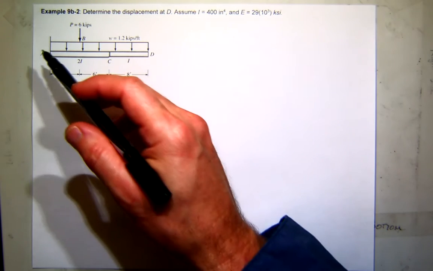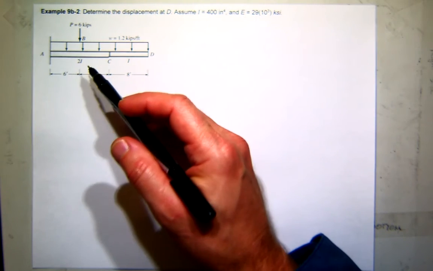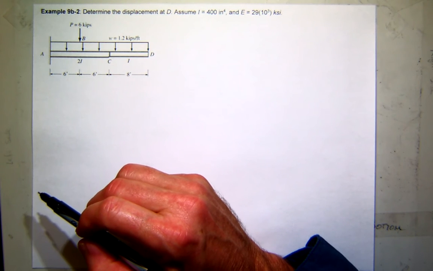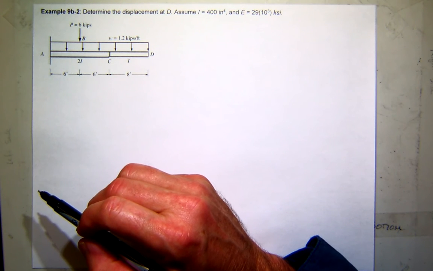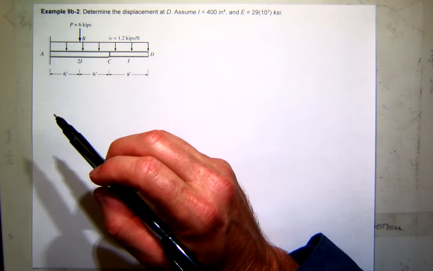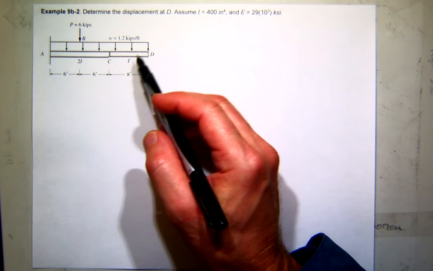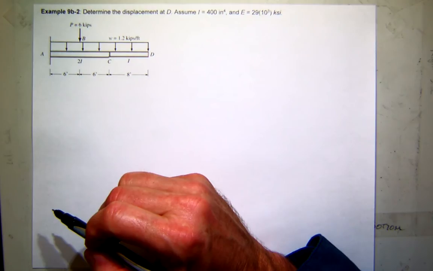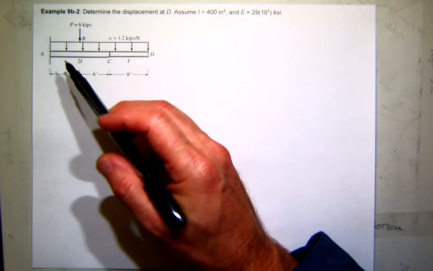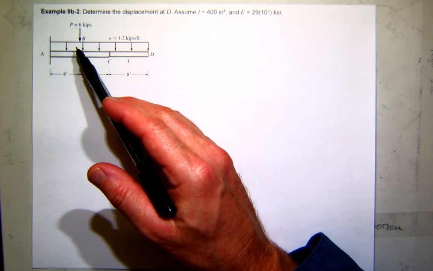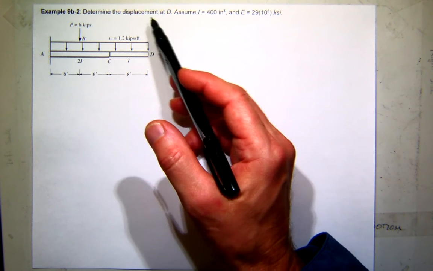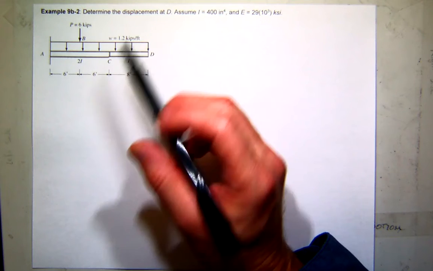So looking at the real system, how many equations for moment do I have to write? Well, the equation for moment doesn't have anything to do with I. So I'll have to write one from 0 to 6, and then a second one from 6 to 20.